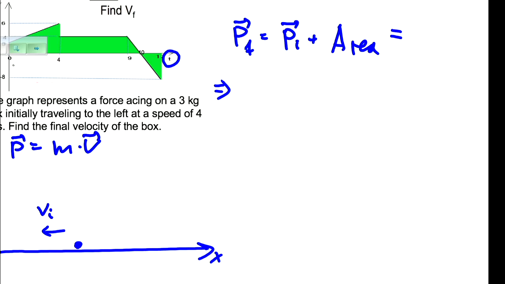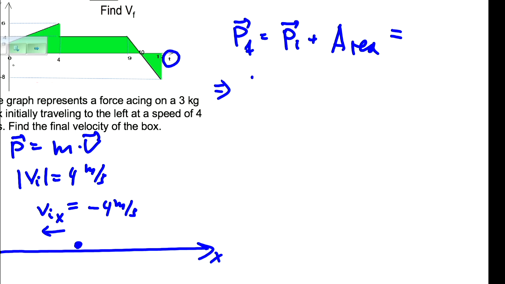The magnitude of the initial velocity is equal to 4 meters per second, but the initial velocity, the actual value component, is negative. Again, people sometimes forget to check the directions. Now we are all set.